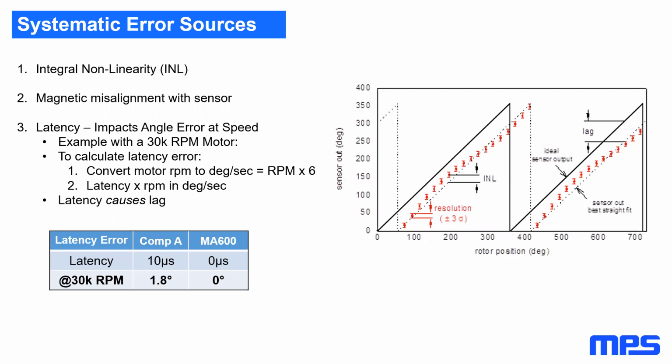You're going to have some INL, and there's a little chart over here where we show the difference between these types of errors and the ideal waveform. The ideal waveform, if you're running a rotor at a consistent speed, is just a 0 to 360 straight line, and then it rolls over back to 0 and back to 360.